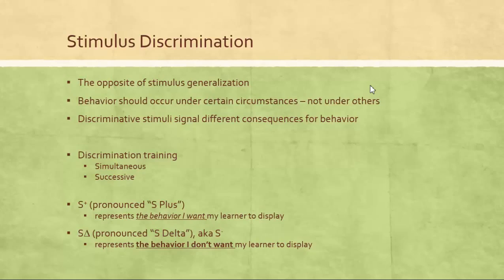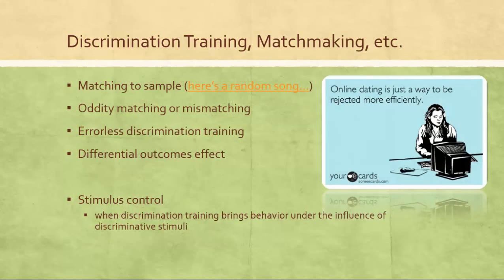As you've no doubt learned, there are many intricate studies that can be done surrounding each concept. For instance, with regard to discrimination, there's a procedure called matching to the sample. A pigeon will have the choice to peck one of 3 discs on the wall.